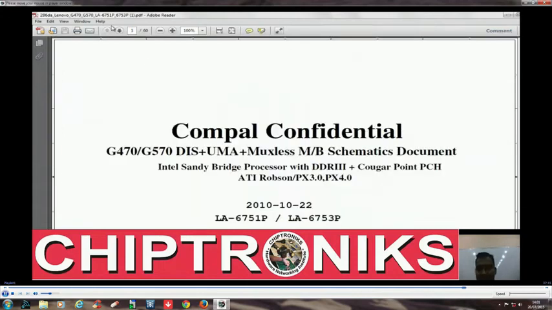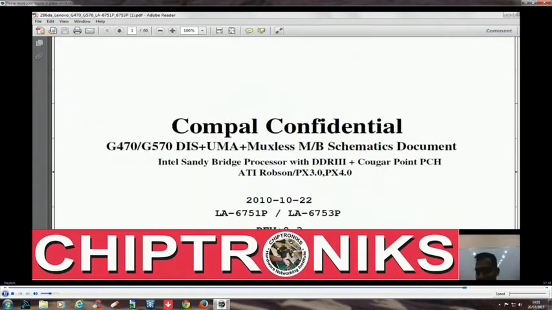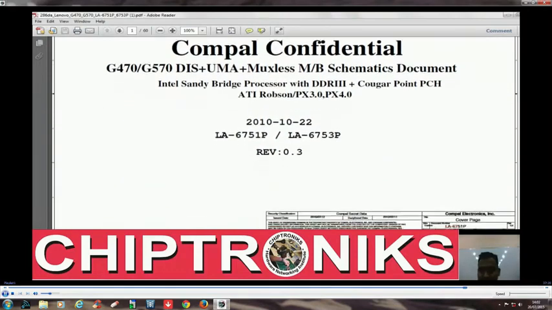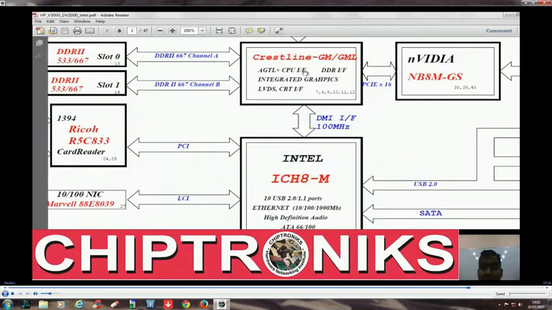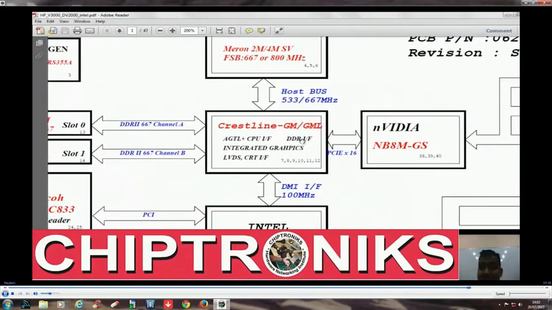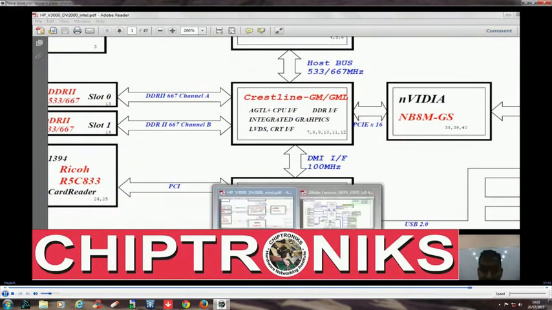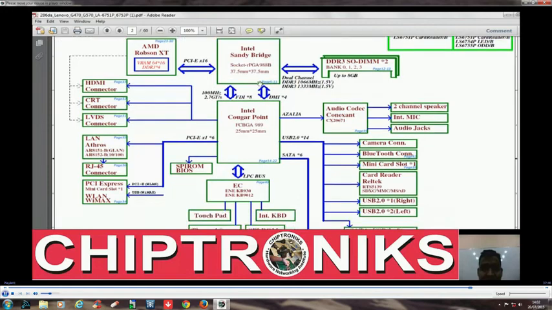Let's go back to page number 1 again, and discuss the very important points between an i3 and a dual core based motherboard. In an i3 based motherboard, the RAM and the graphic chip are directly connected to the CPU, whereas in a dual core based motherboard, the RAM and the graphic are connected to the GMCH. And we have a DMI connection between the CPU and the PCH.